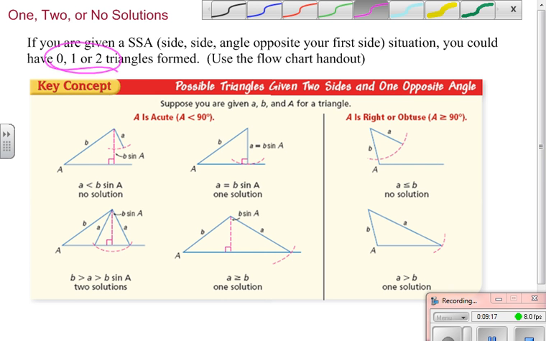So, in your notes, you'll see you have a very nice flow chart at the end of this lesson. The flow chart is kind of a summary of this chart you're looking at. If A is acute, you are going to follow into these 2 situations. If A is right or obtuse, you're going to have one of these situations, and this is how things are going to break down for us.